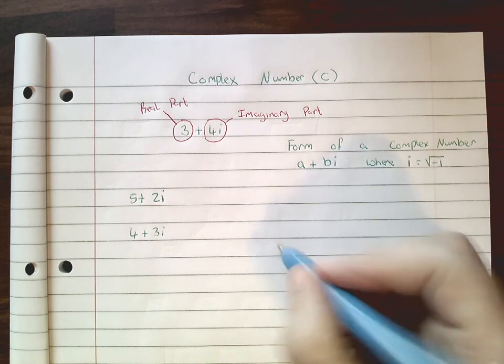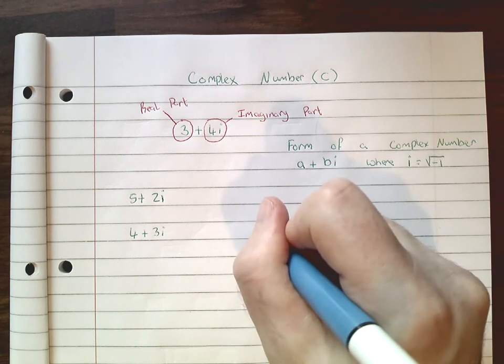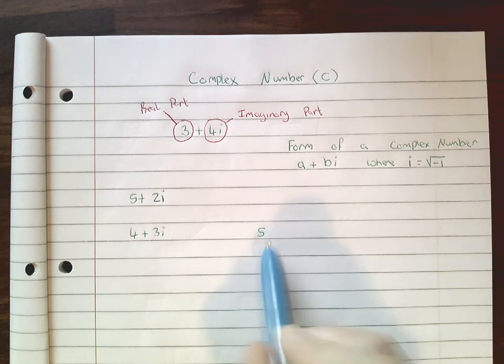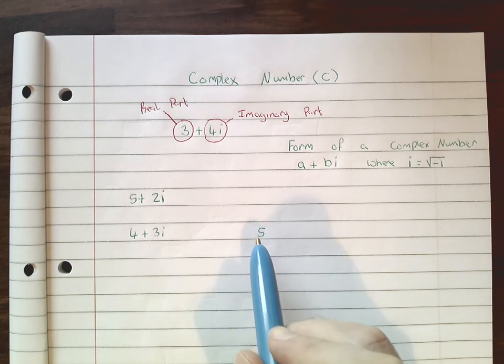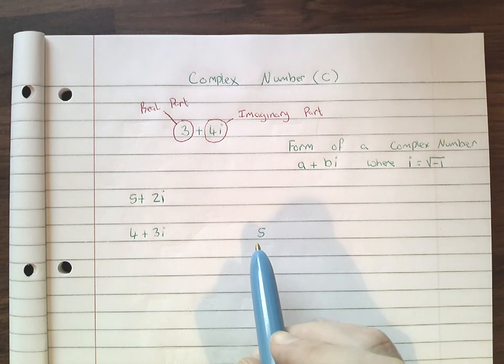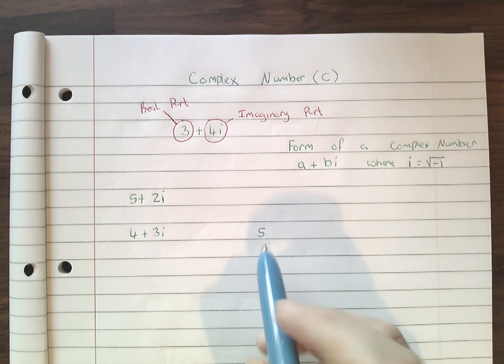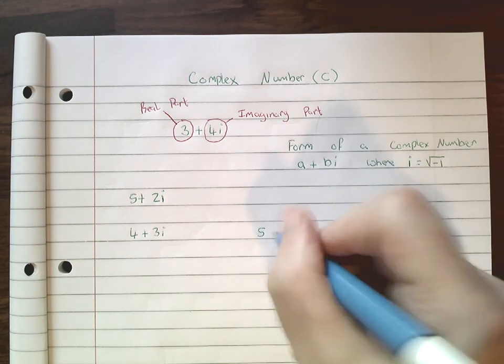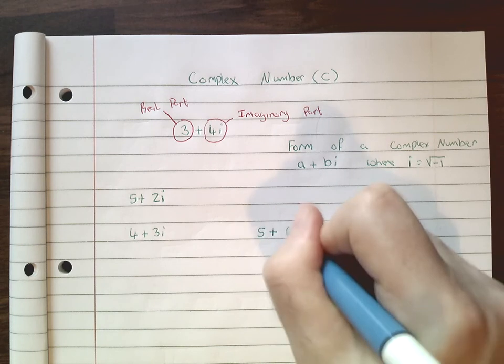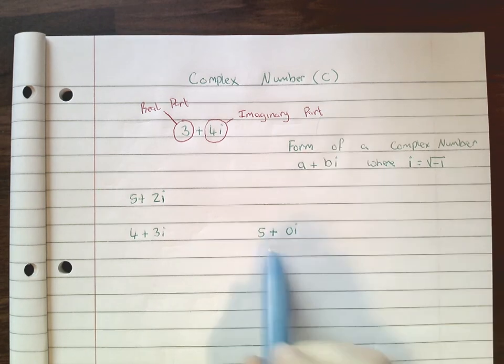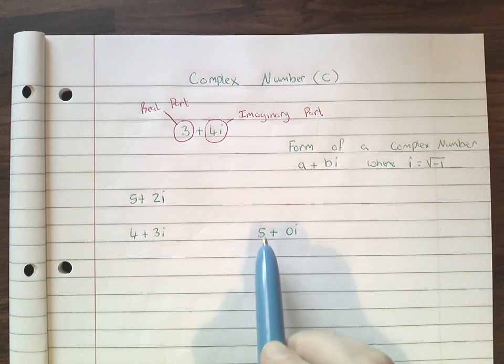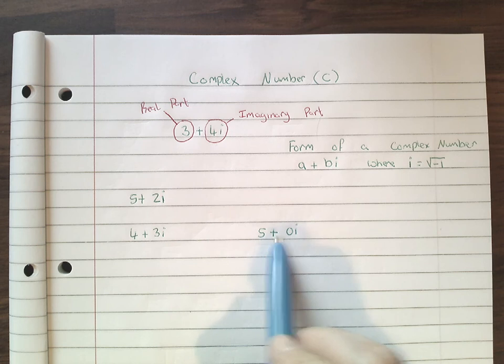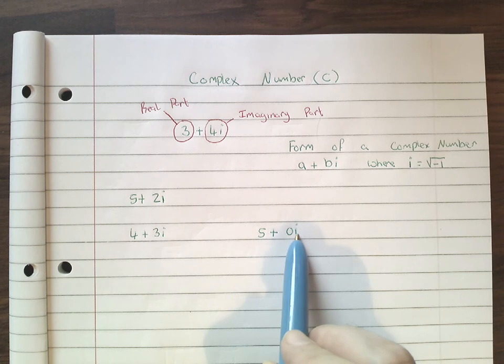Now you can take any real number. Let's say we take the real number 5, for example. That's just a real number. Now what we can do is turn this into a complex number by just adding 0i to it. Remember, any real number that you have, you can turn it into a complex number by just adding 0i.